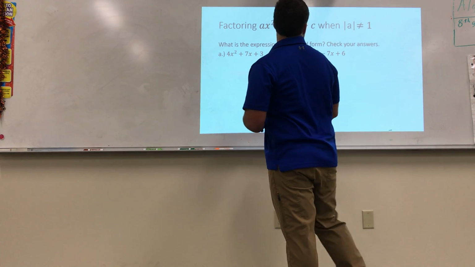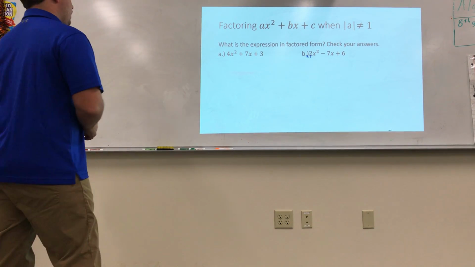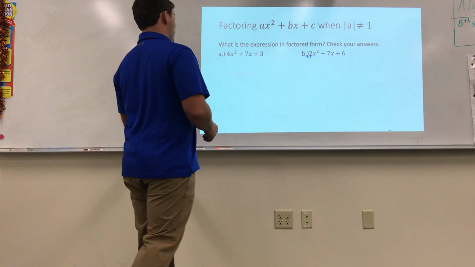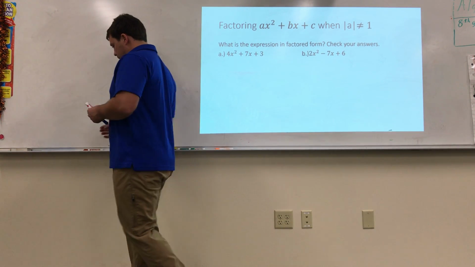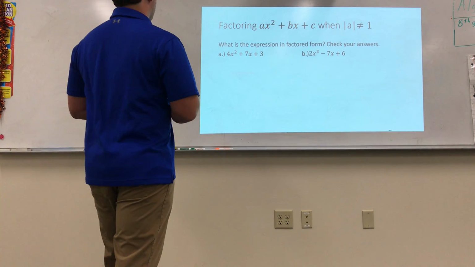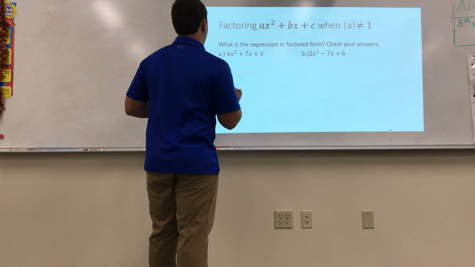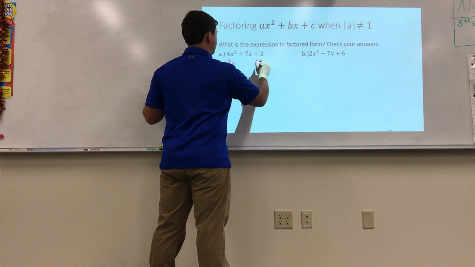Factoring 8x to the second where the absolute value of a is not 1. So this becomes a little more tricky, because now we have a number in front of our a. Now, that means I could have 2x plus, and 2x over here.